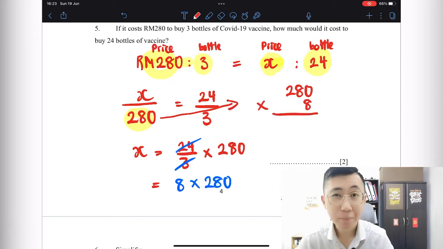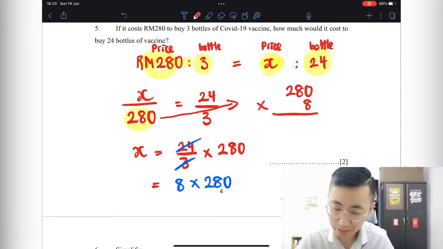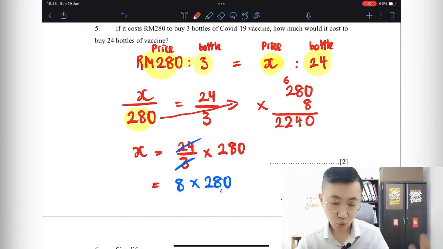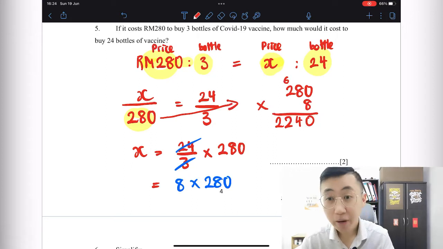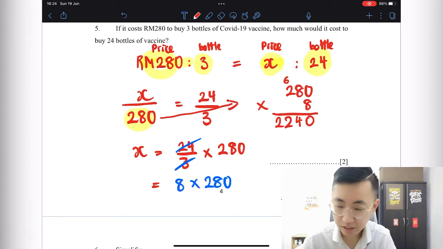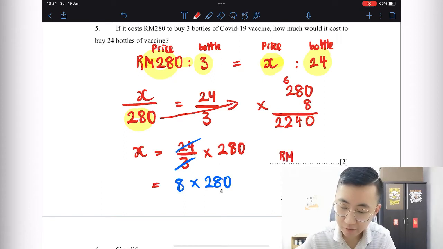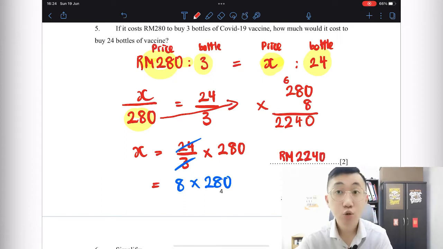So the year 8 paper is actually harder, you can see. So 0 times 8 is 0. 8 times 8 is 64. 6 goes up. 2 times 8, 16 plus another 6, 22. Okay, so 3 bottles, 280 ringgit. Now you buy 24 bottles, definitely costing around 2240. Making sense. I am going to log in the final answer. So that's how you do proportion.